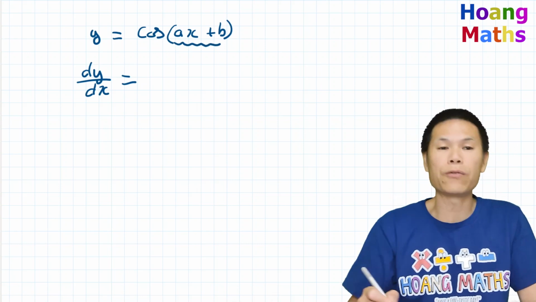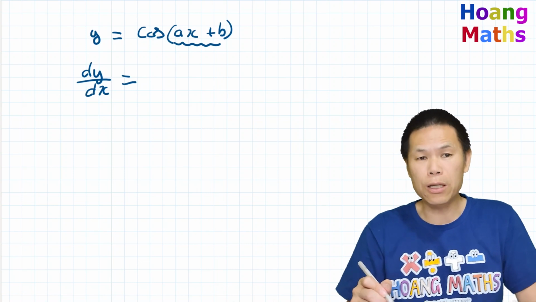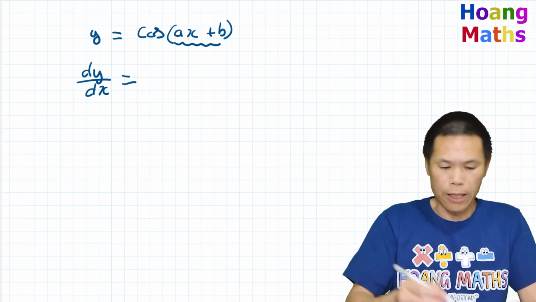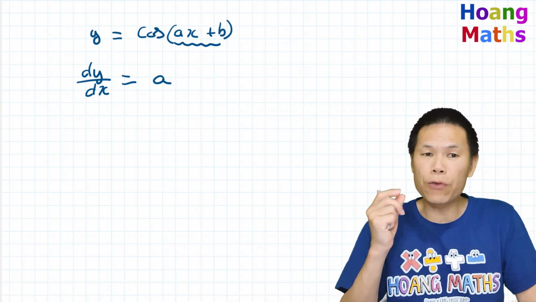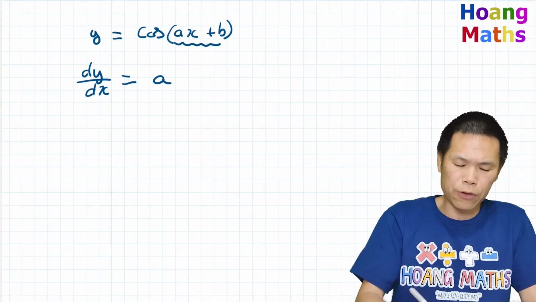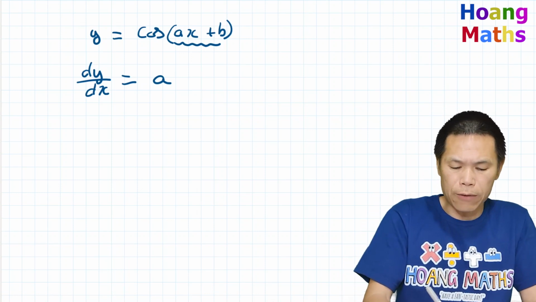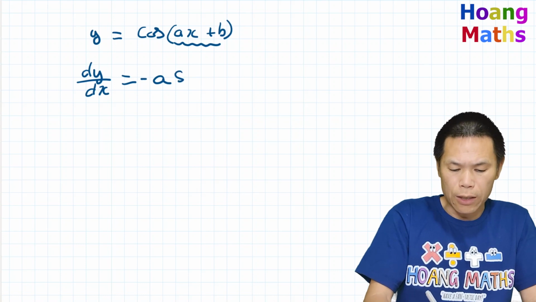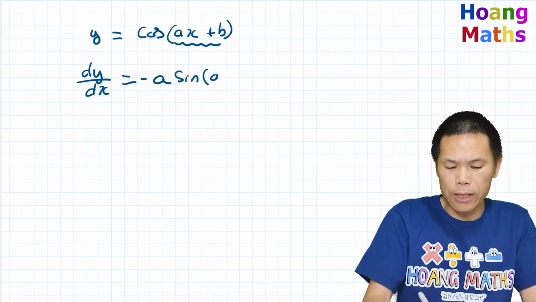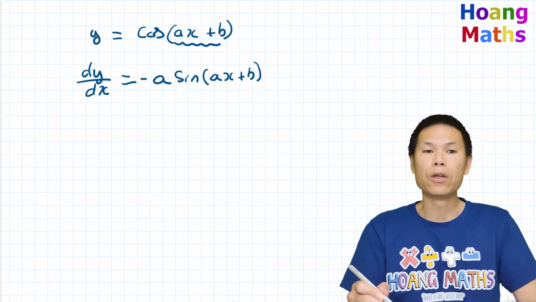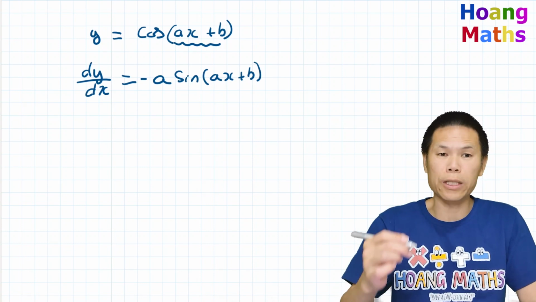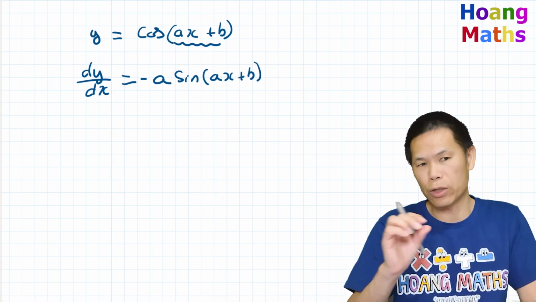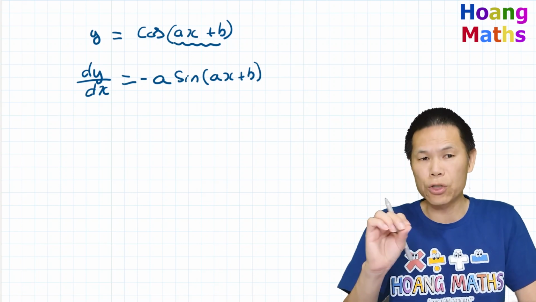In other words, we differentiate ax plus b because that's an angle. So that gives me a. And we differentiate cos, which gives me negative sine, so we times by negative sine. So I put a negative in front, and sine of whatever the angle is, I write this. There you go, and then the power angle trick is done, right? Because there's no power, I differentiate the angle and then I differentiate the trig function.